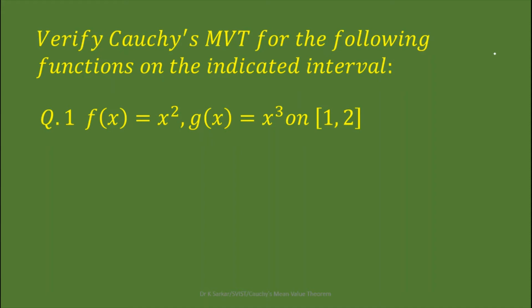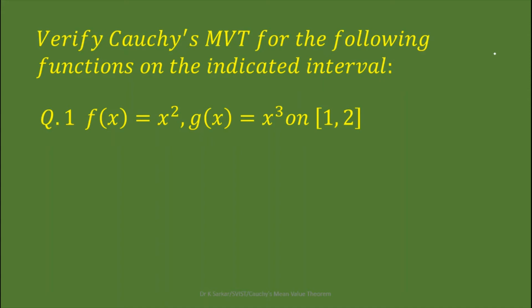Verify Cauchy's MVT for the following functions on the indicated interval. f(x) equals x squared, g(x) equals x cubed on the interval [1, 2]. Here both the functions f(x) and g(x) are polynomials, hence they are continuous in the closed interval [1, 2] and derivable in the open interval (1, 2).